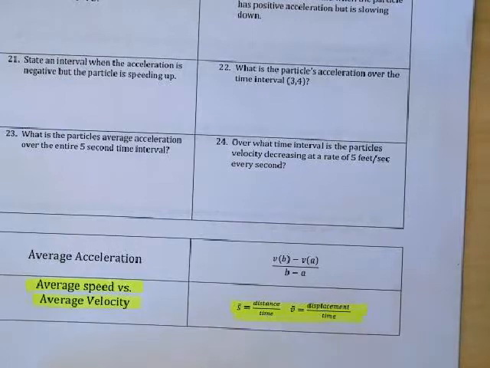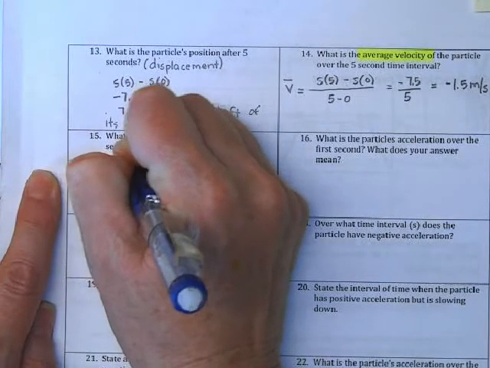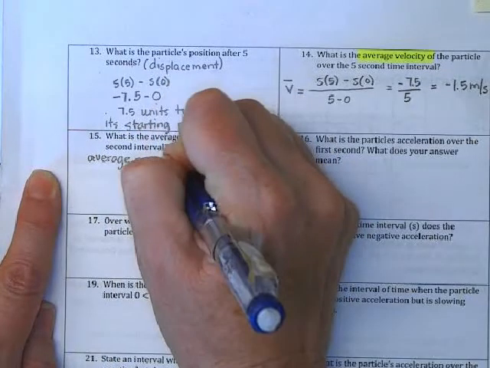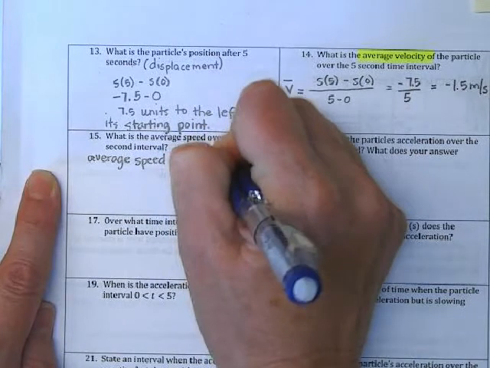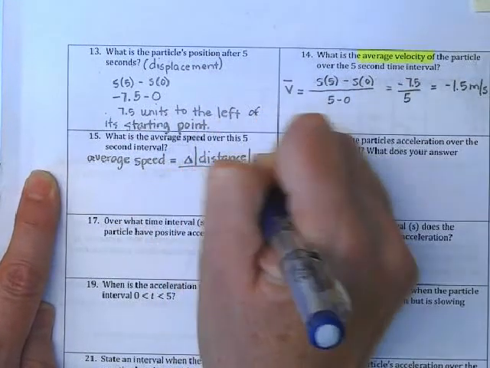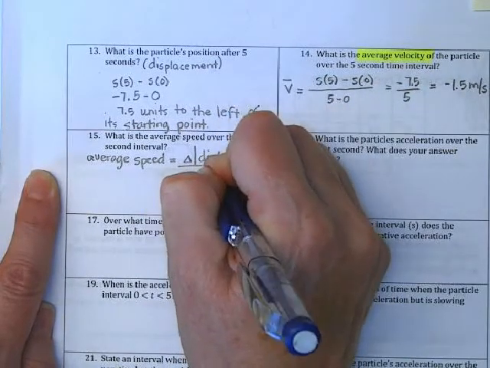So be careful with that. Average speed is equal to the change in distance, or I could say absolute value, and the change in time.